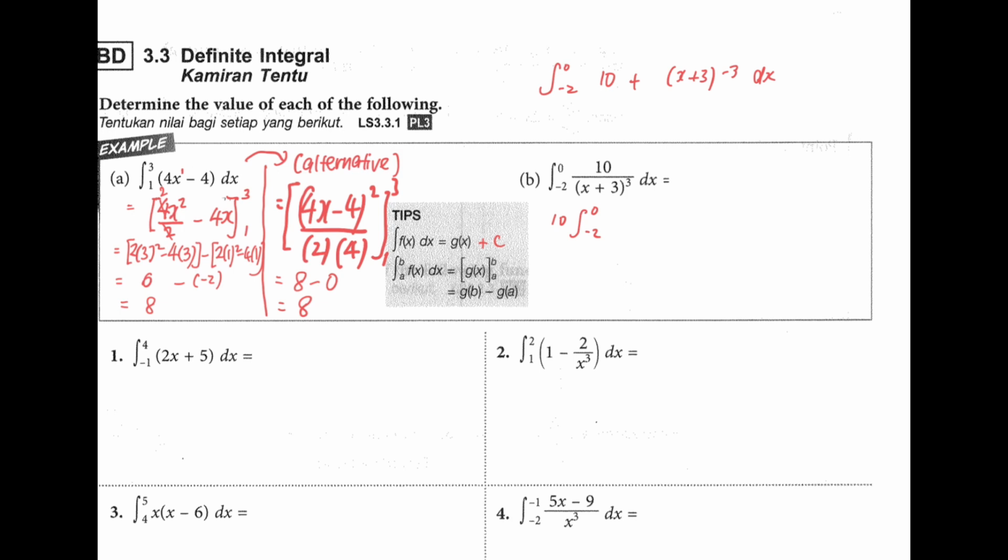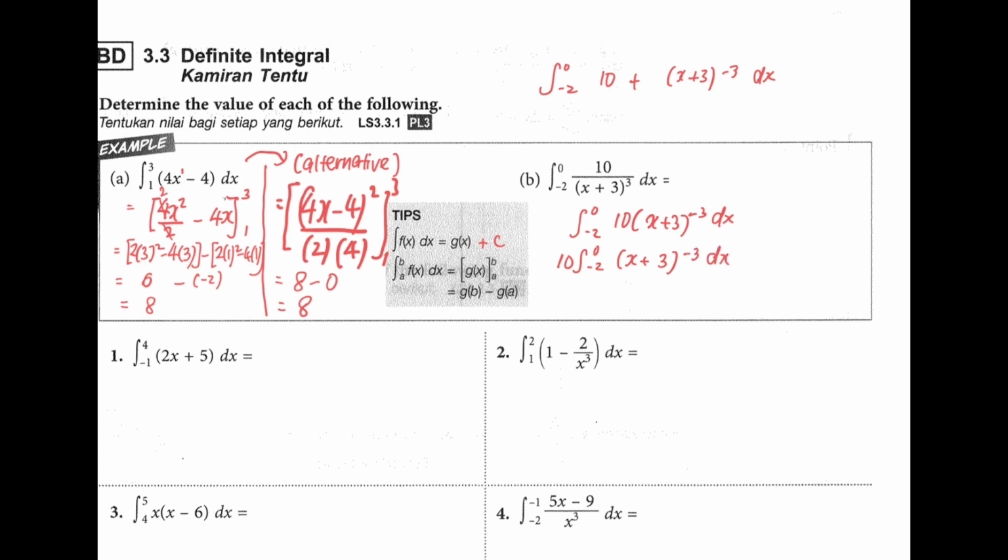But for this situation, 10 times x plus 3 minus 3, the 10 you just remain it. Don't change it to 10x. Just remain it. Remain it or factorize it is up to you. I like to factorize. So just leave it outside. Don't change to 10x. Just leave it like that.